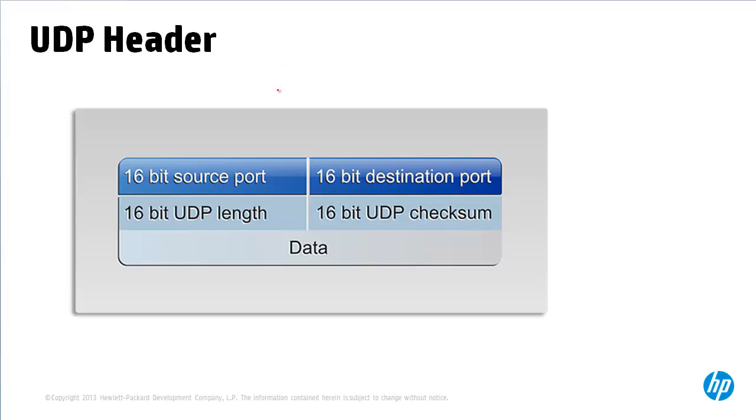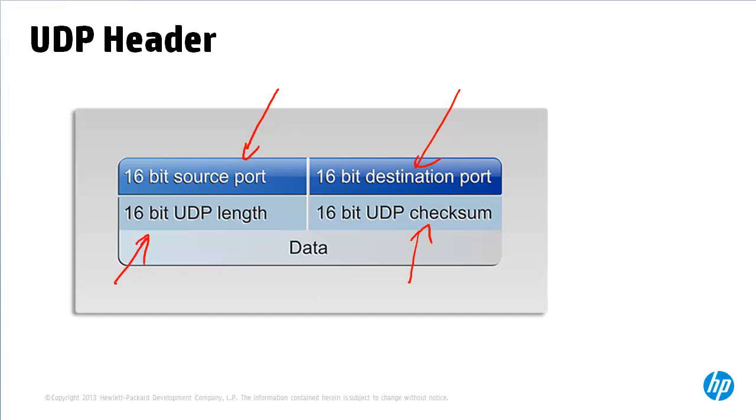The UDP header is very simple. It has a 16-bit source port number, a 16-bit destination port number, a 16-bit UDP length. This field specifies the length or size in bytes of the entire datagram, in other words, the size of the header and data, and an optional UDP checksum.